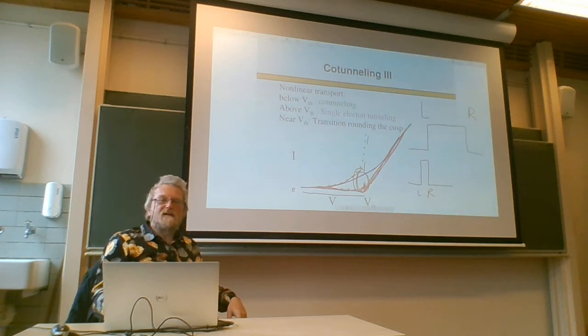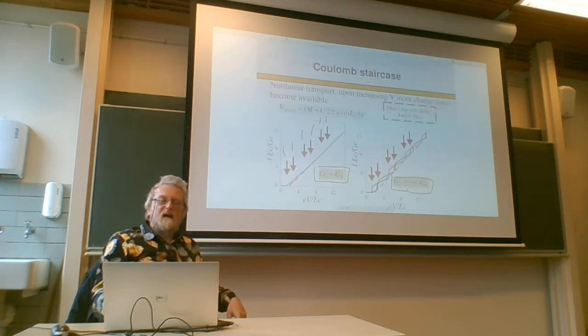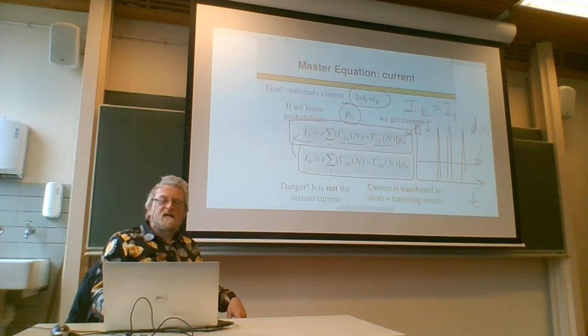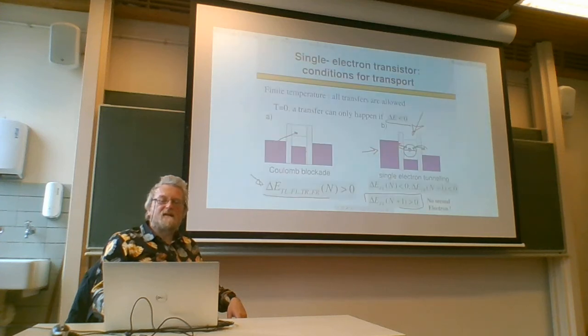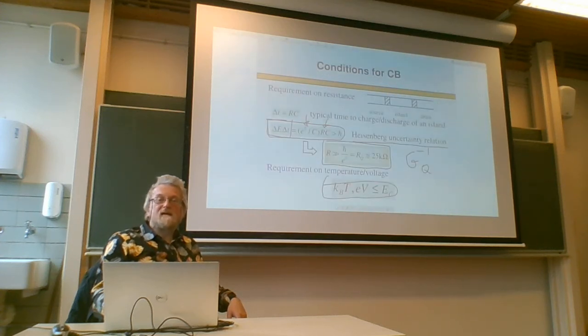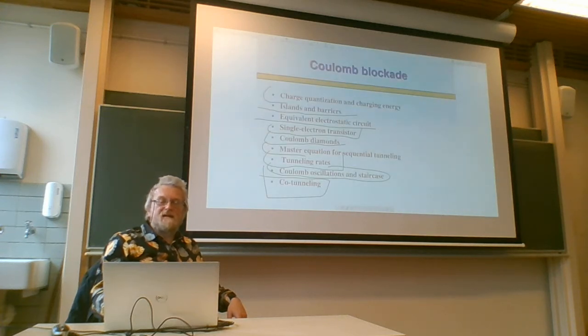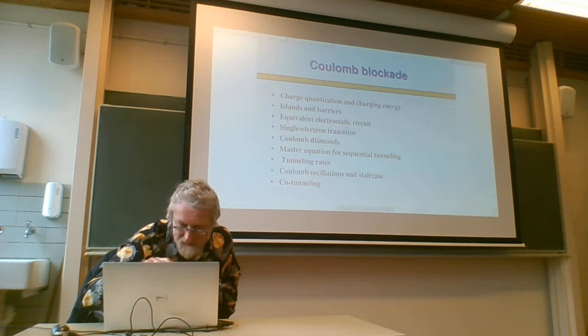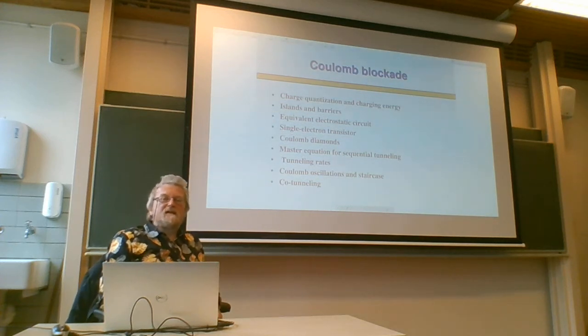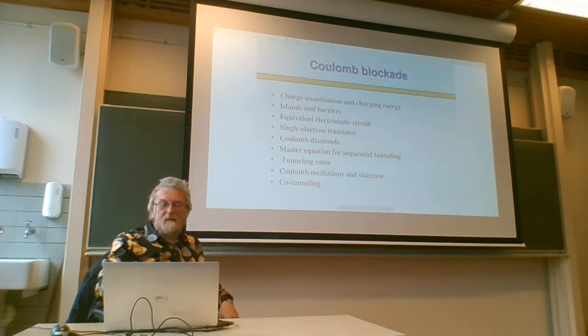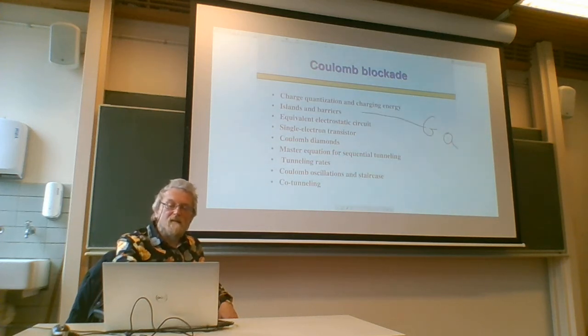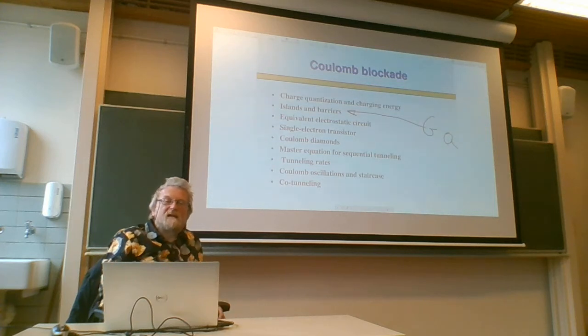All right, this is what I wanted to tell you about Coulomb blockade. So it's quite different from scattering theory, which we considered in the first lectures. Surprisingly, the same quantity G_Q governs Coulomb blockade as well.